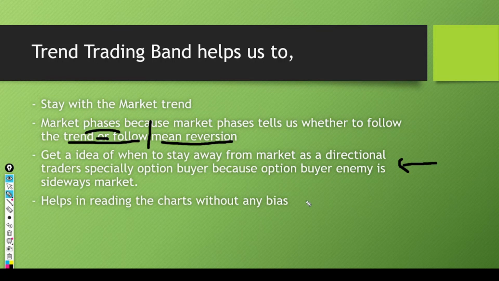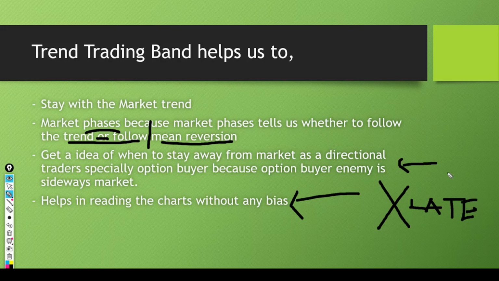And the third, fourth important point, it helps in reading the chart, because here we are not dependent on any indicator. Why? Many indicators, like moving average, RSI, CCI, etc., are late for intraday.